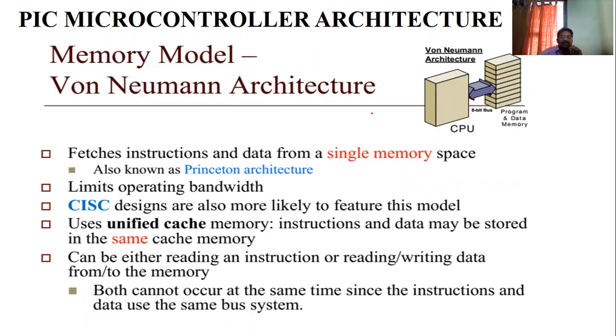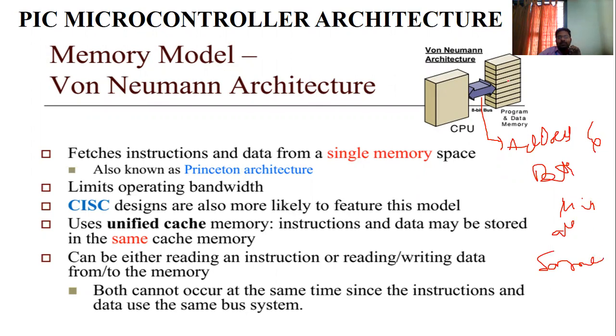You can also call it the Princeton architecture. It means that the address and data lines are the same for both program as well as data.